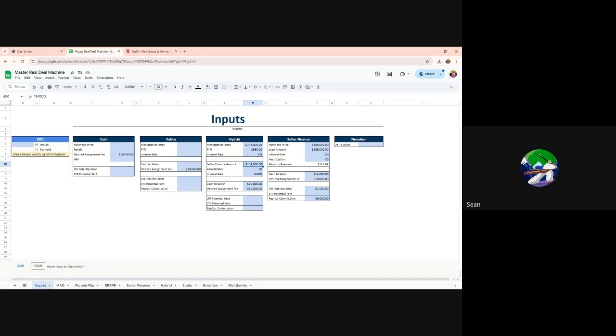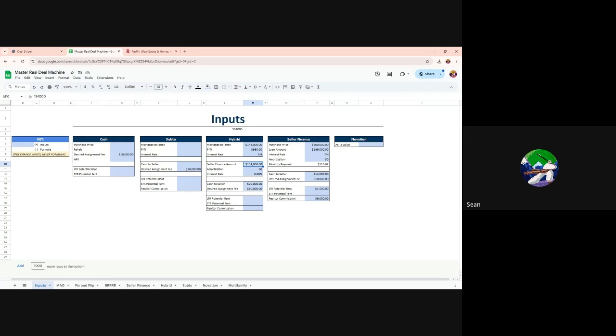In this situation, they have a mortgage of $148,000. So when this property is sold, if it was bought cash or traditionally, then the escrow company would pay off that $148,000 to the mortgage company, and then the seller would only get what's left, which would be about $154,000 cash.